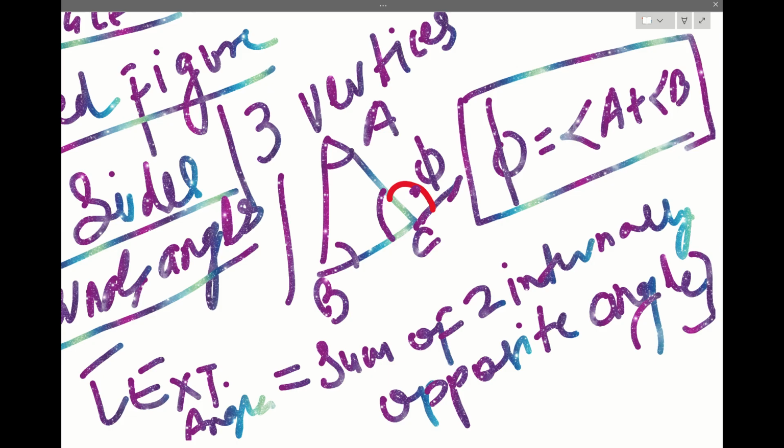So this external angle is equal to the sum of the two internal angles, which are the opposite internal angles.